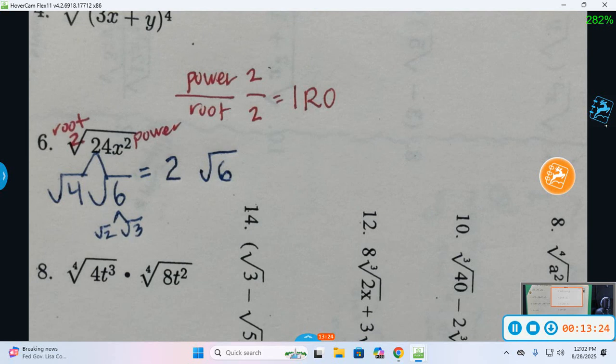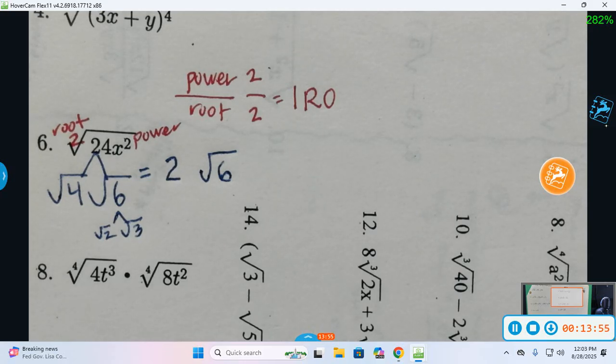No. Like if you look at number 8, what's the root on number 8? 4. Yep. What's the root on number 10? 3. What's the root on number 12? 3. What's the root on number 3? 5. What's the root on number 2? 4. Right. But if it doesn't show a number, it is 2. If it doesn't show a number, it's assumed to be 2 because it's the square root symbol. If it's not 2, it's going to have to show it to you.